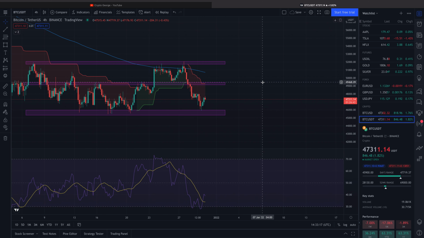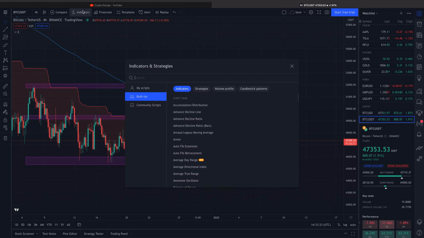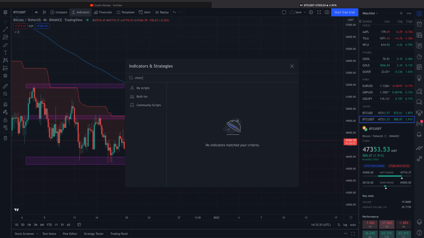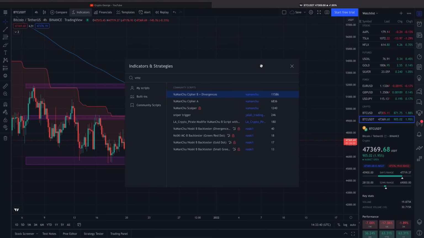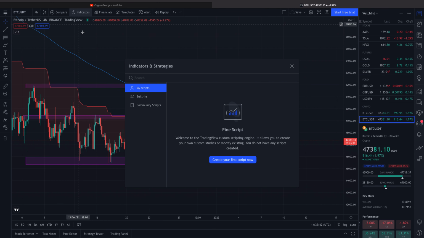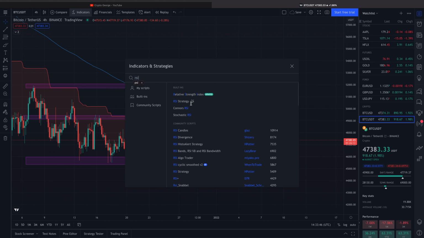Okay, this is what I'm talking about, and now we need to see something very interesting. In this case, we are not going to do anything, but we can go and see MACD cipher because it's very important now. By the way, we can go and see RSI strategic.